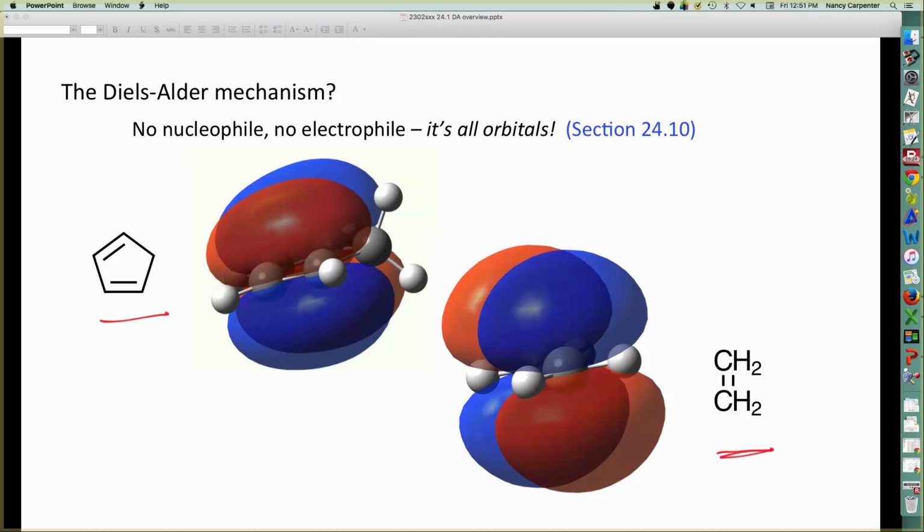So as you look at these two, here's my diene, you can see that the blue lobe on the diene is going to overlap with the blue lobe on the dienophile. And the red lobe on the diene will overlap. They're both in phase. It's constructive overlap. That's where my new bonds are coming from.